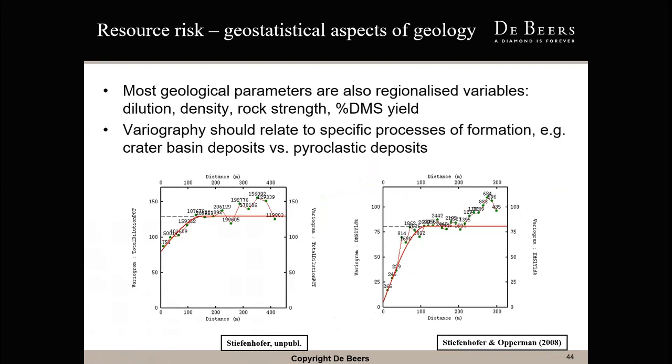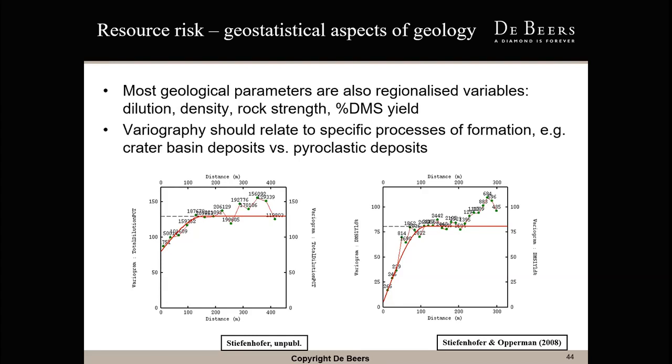Most of your geological parameters are also regionalized variables, things like dilution, rock density, rock strength, dense media separation yield, etc. So once you can show that a variable is regionalized and there's a spatial structure to it, you can then, of course, also estimate it through processes like kriging, or you can simulate it through conditional simulations.